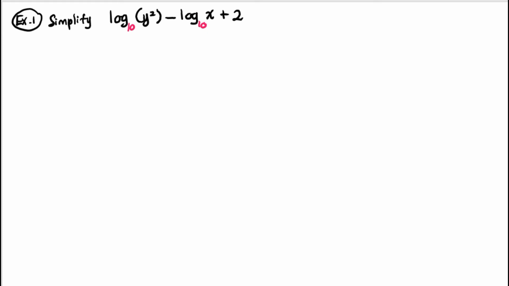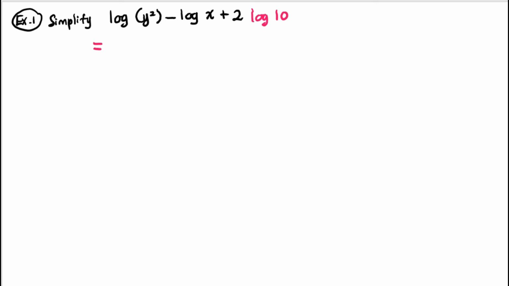Usually for base 10 we don't write the base, so we just put log 10. Why? Because 2 multiplied by 1 is actually 2 log 10, because log 10 is 1.